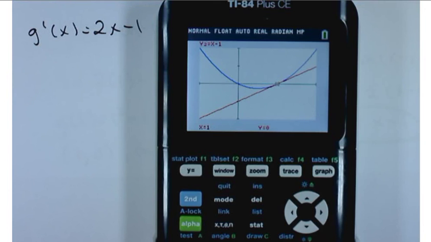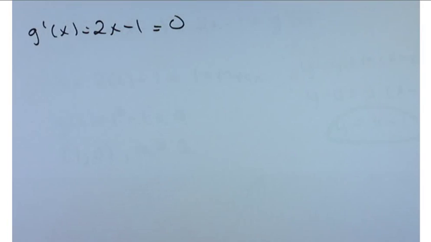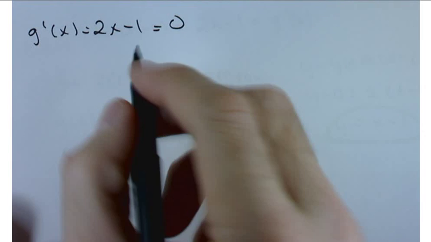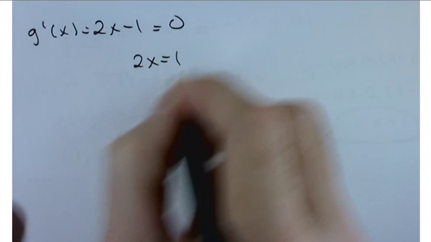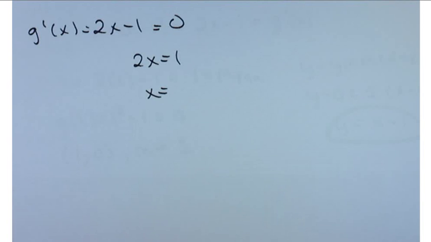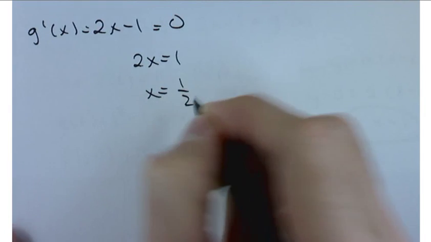It's a good question. Well, what's the slope of a line that's horizontal? 0. So what you can do then is set this equal to 0 and find where that tangent line is horizontal. So 2x equals 1, x equals 1/2.